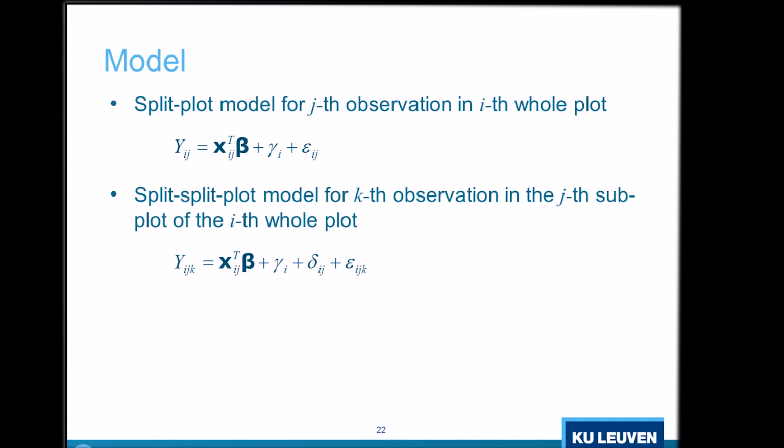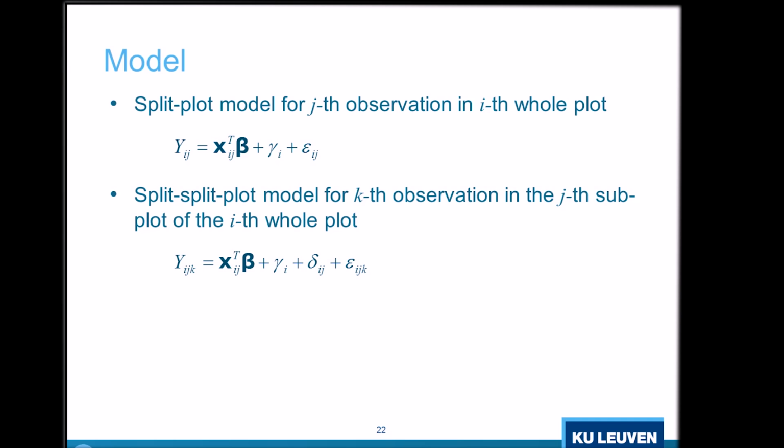The key feature of the split-plot model is that all observations in the ith whole plot have this gamma i in common. That gamma i describes that all observations, all responses in the ith whole plot are similar.